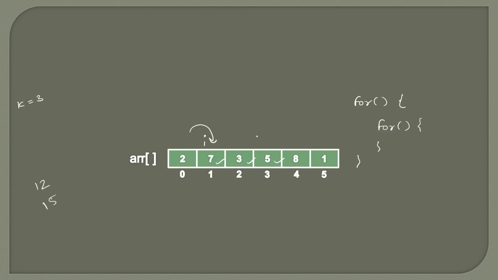And similarly it keeps on going till i reaches here for the last window and does the sum. As we are evaluating the sum for each window like this, we compare which is the maximum sum, and at the end we simply return that sum. So for 3, 5 and 8, this window, the sum would be maximum, which is 16.